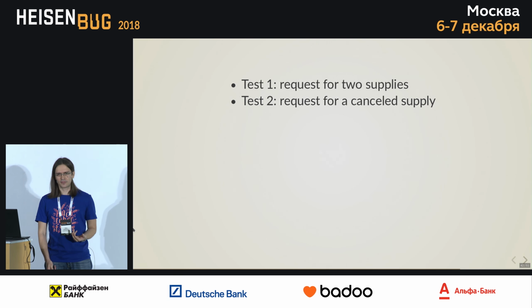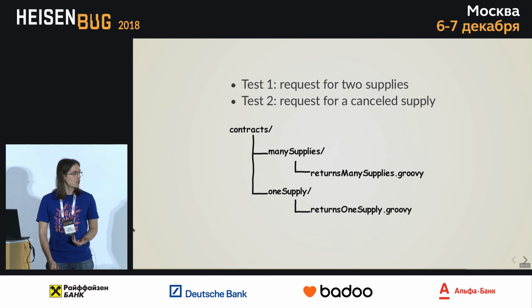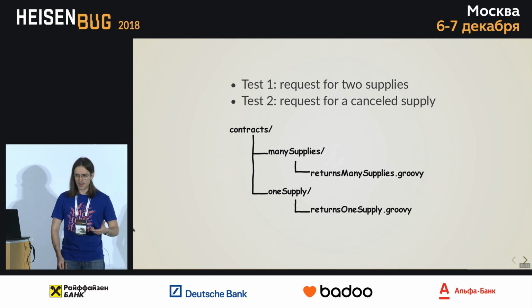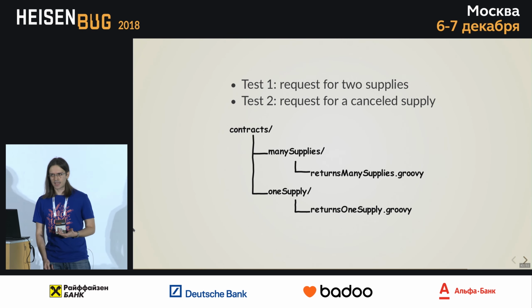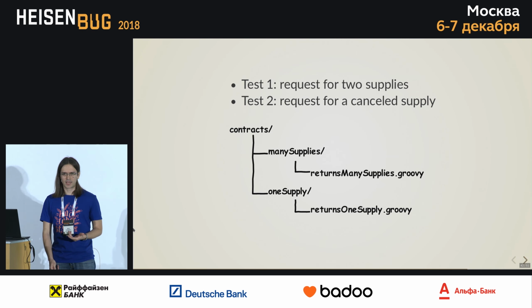What if we have a case when we need different responses from the server? Pact handles it with state. There is no such idea as state in the world of Spring Cloud Contract. If you want to have different responses, you divide your contract into directories. Okay, so I have a directory for many supplies and a directory for one supply.